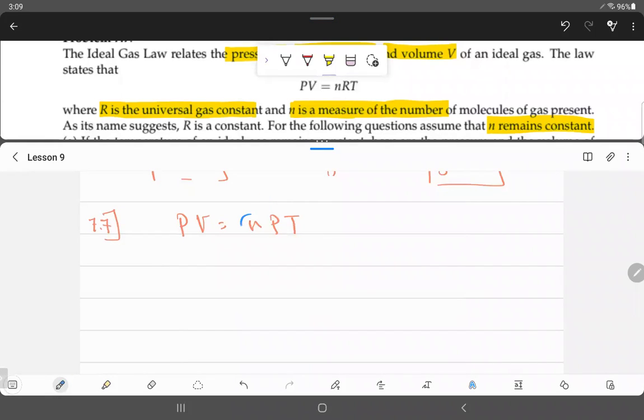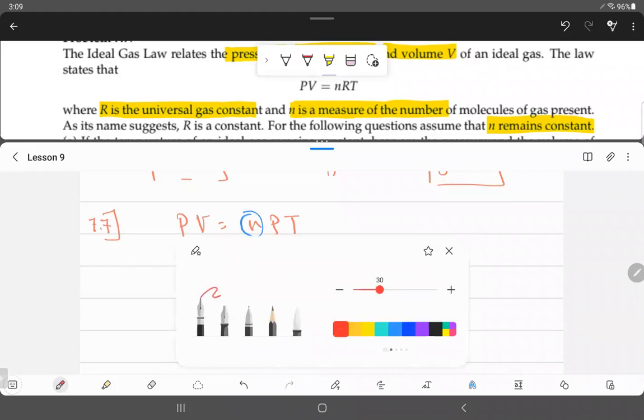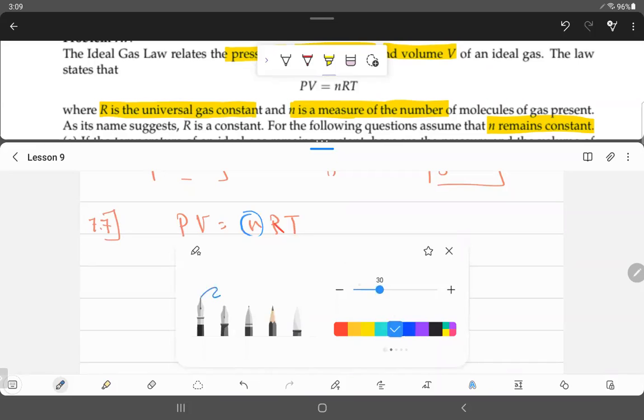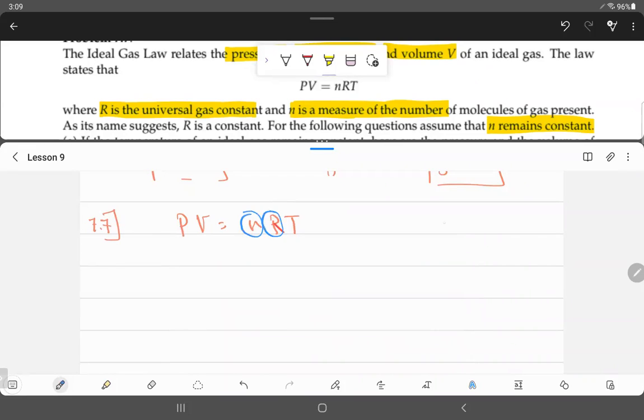This guy is constant, this is R here, and this guy is constant. So n and R, both are constants. They are playing the role of the k, actually.